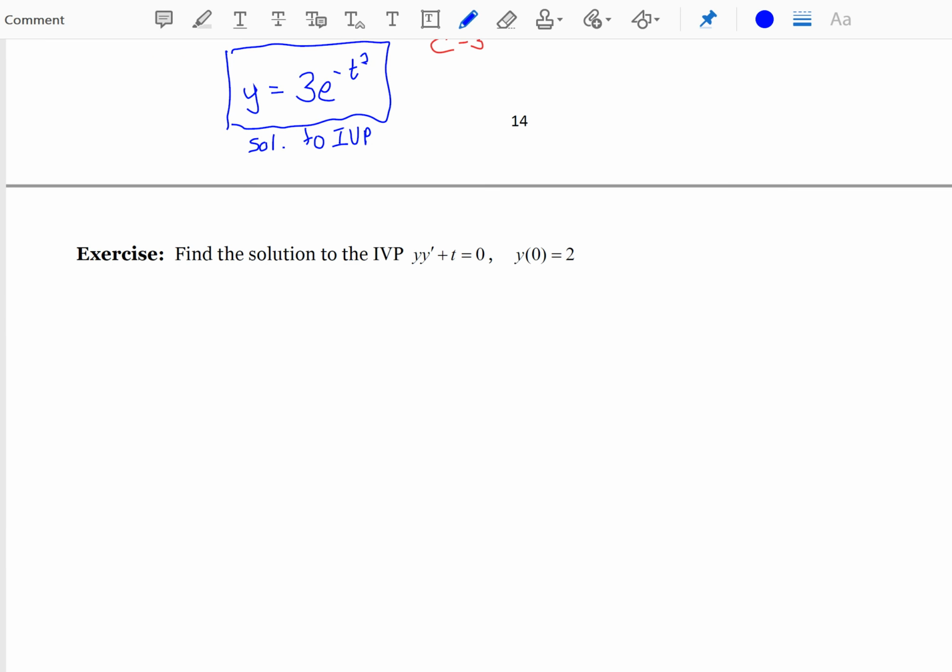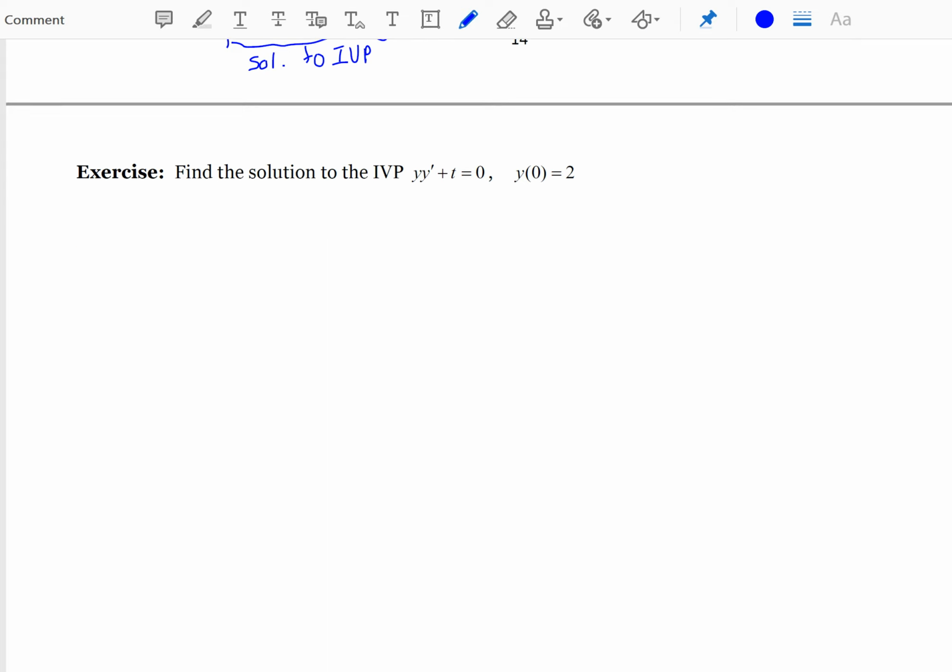Let's find the solution to this initial value problem. Again, let's not skip step 1. Let's find our equilibrium solutions. However, to find our equilibrium solutions, we probably have to rewrite our DE in a standard form.